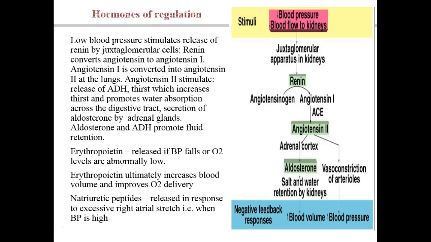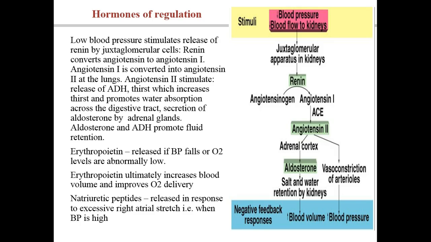There's also hormonal regulation, and then we have a slide of neural regulation. The big one, and we've talked about this before, it's just kind of a review when we talked about the kidney, is you have a release of renin by those juxtaglomerular cells.